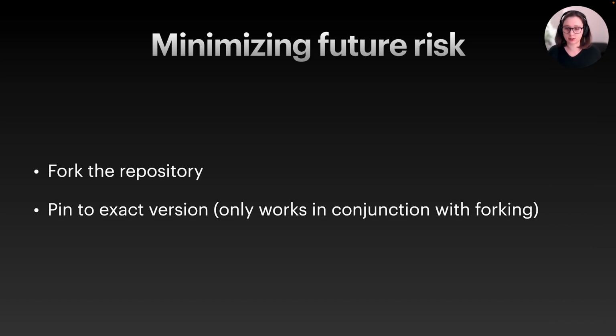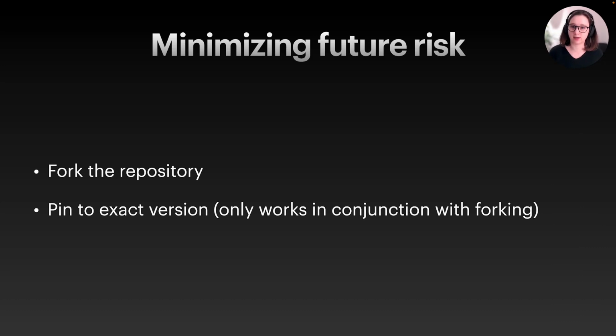In connection to that, it's a good idea to pin to an exact version of a library as opposed to pinning loosely to up to next major, for example, because then we can really be in control of what we're including in our app or when we're updating a dependency. And that only really works in conjunction with forking, because again, a tag or a given version can move. So just because we say we're pinned to that version doesn't necessarily mean that we're going to be on the same commit next time we resolve dependencies.